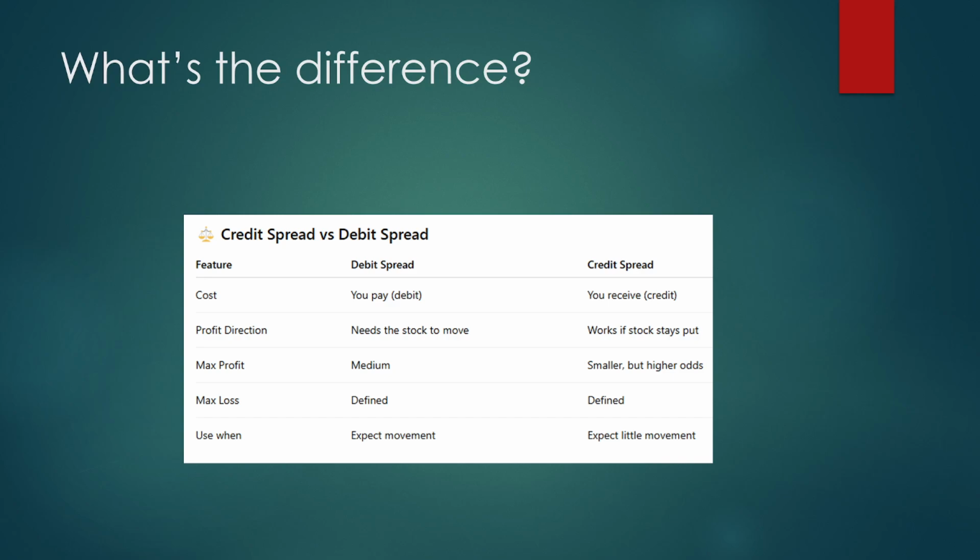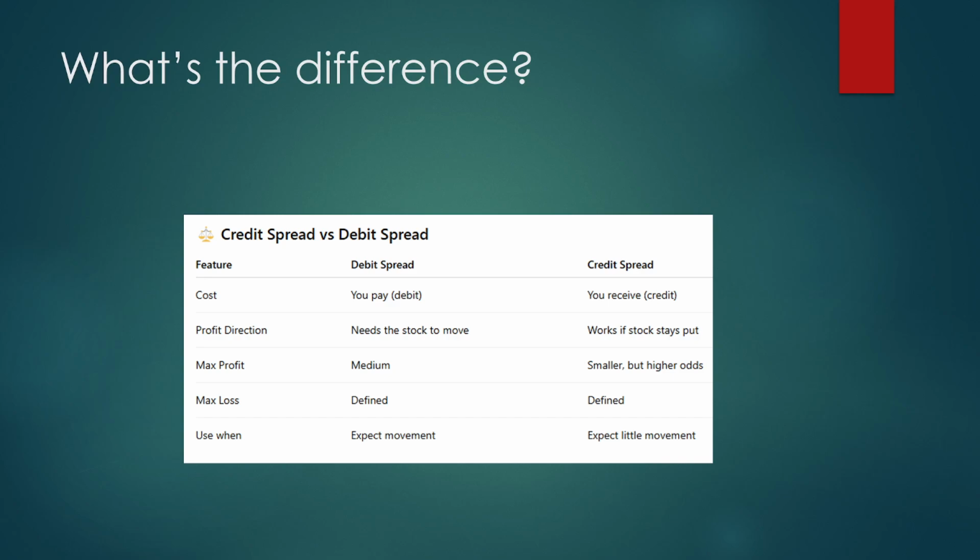So if the stock goes up and reaches a certain price, then you gain a certain amount, but you also risk a certain amount as well, very little compared to a strangle. Also, spreads are more directional as opposed to a strangle. A strangle expects a large move in either direction.